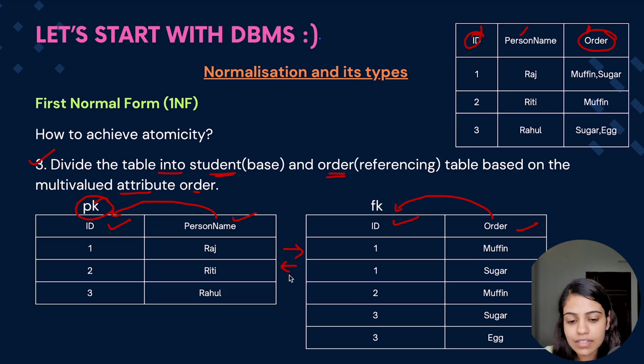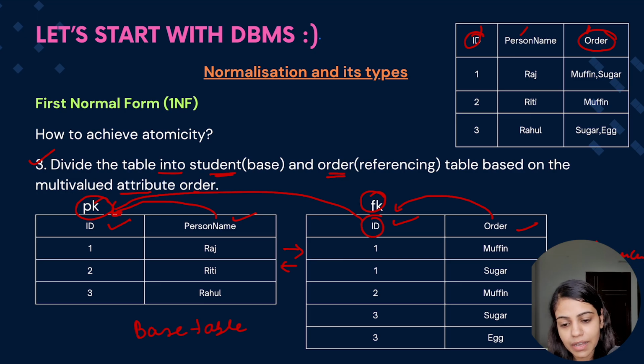So we can say that there is a relationship established, and this ID is taking reference from this ID which is present here. So we can say that this is a foreign key as it is taking reference from the base table. So we have divided the table into 2 tables, base table and the referencing table. In the base table, there is a primary key which is acting as a foreign key in the referencing table.